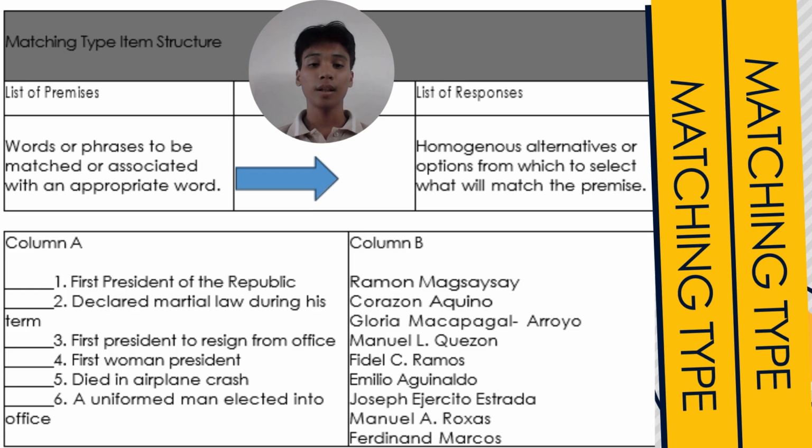And on the right side, we have the list of responses: homogeneous alternatives or options from which to select what will match the premises.